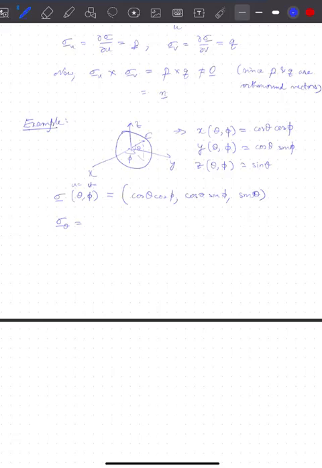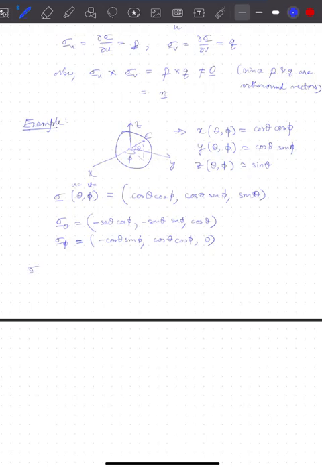So sigma theta is equal to the partial derivative, so it gives minus sin theta cosine phi, comma, minus sin theta sin phi, and cosine theta. Likewise, sigma phi is equal to minus cosine theta sin phi, cosine theta cos phi, comma, 0, right?